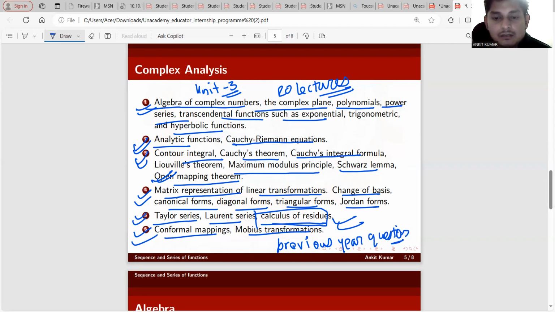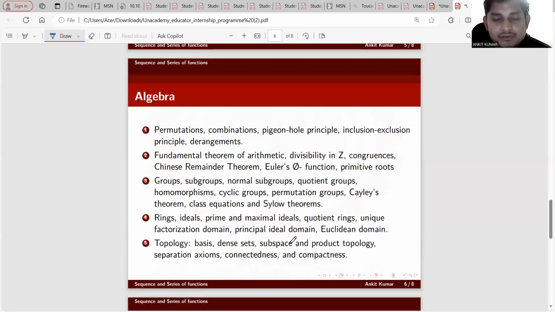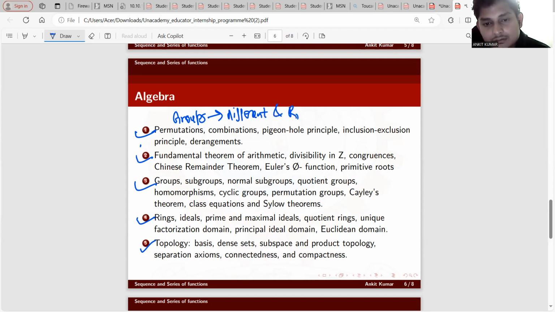Okay. Now we move to the algebra part, which is very important. Algebra is divided into 5 parts. In algebra, I will cover groups, different types of groups, and rings. So fundamental theorem of arithmetic, Euler's function, congruence, Chinese remainder theorem, and one more.